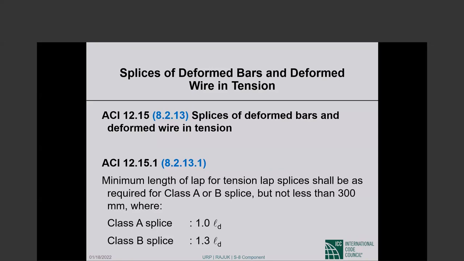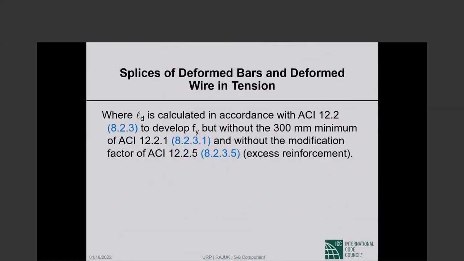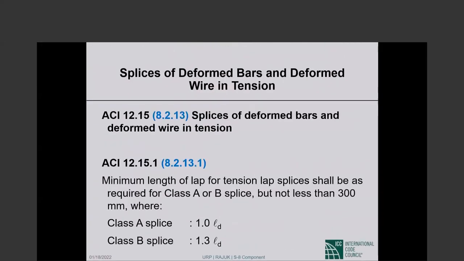Class B splice, it is 1.3 times development length in tension. L sub d is calculated to develop f sub y, but without the 300 millimeter minimum of ACI. So the splice length is either 1 or 1.3 times development length. Splice length has a minimum on it of 300 millimeters.